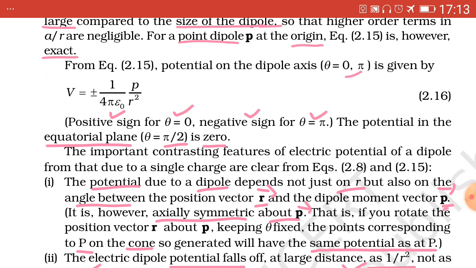Now for potential on the dipole axis, that is theta equal to 0 and pi, V equals plus or minus 1 upon 4 pi epsilon 0, that is k, P upon r square.